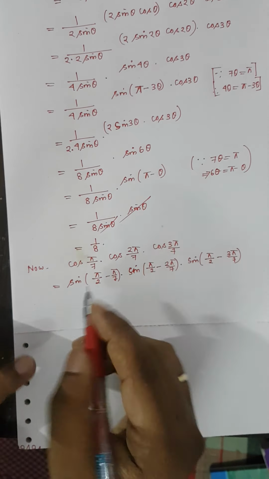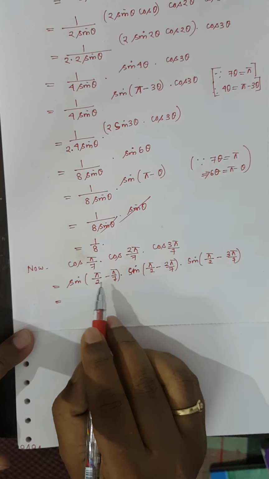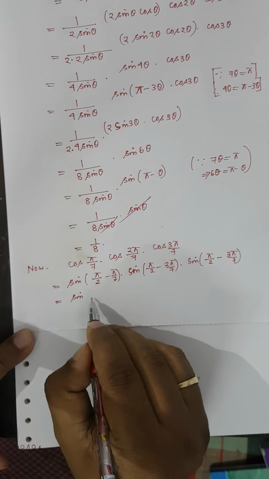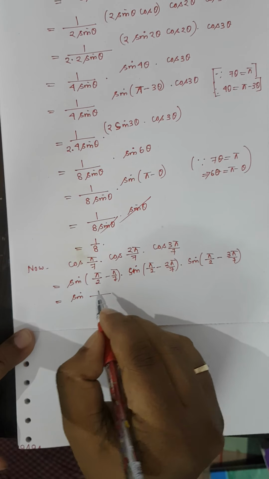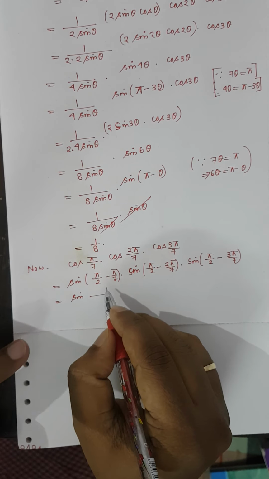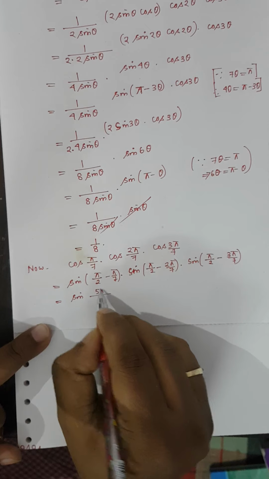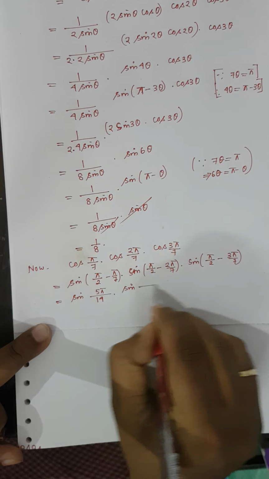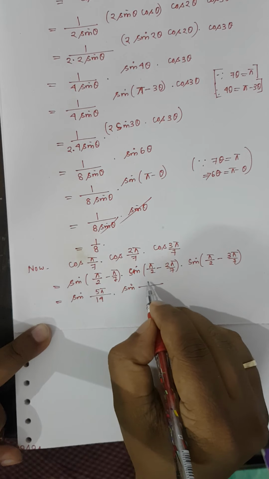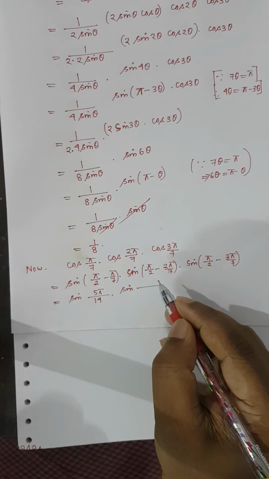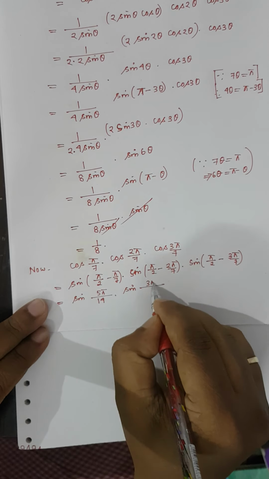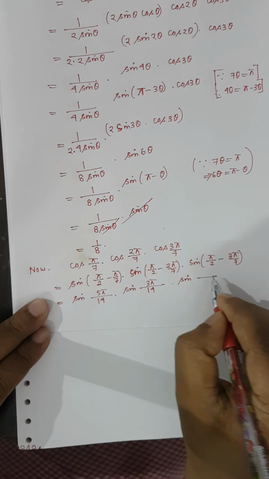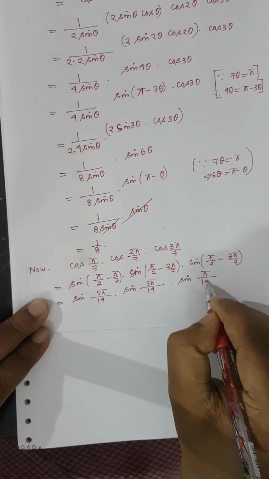So it becomes, what is this? If I take LCM, I'll have this is nothing but 5 pi by 14. This is sin, take LCM, this is 3 pi by 14, this is sin pi by 14.